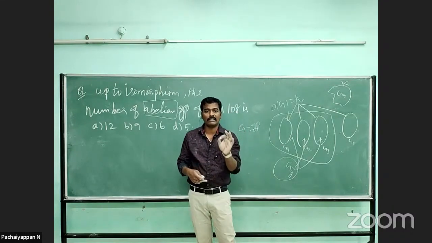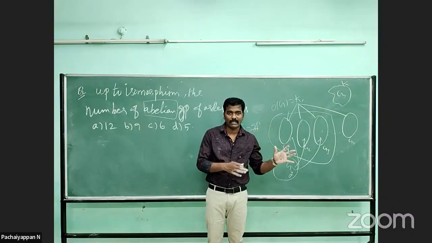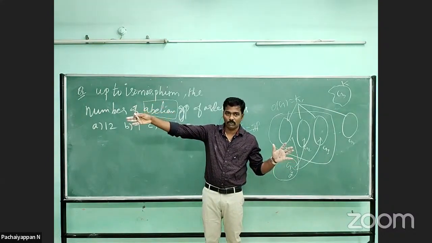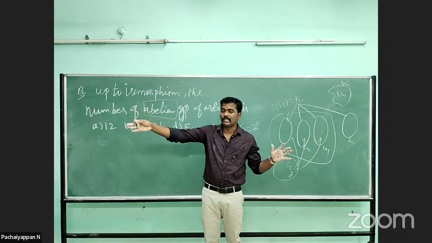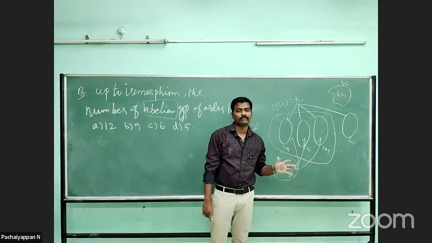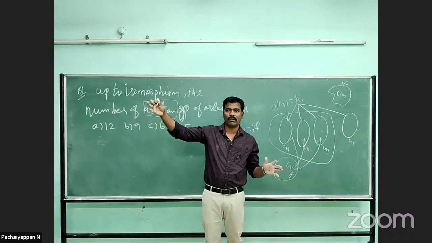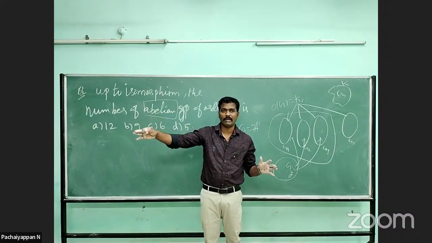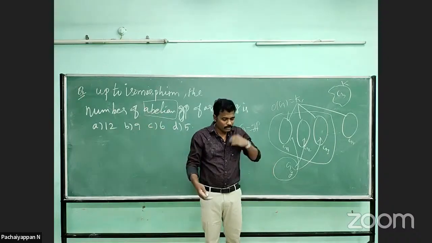Suppose of order 108, 5 groups are there. Someone brings a group of order 108 and says, sir, I have a group of order 108. That group could be isomorphic to this or this or this. Take any abelian group in the world of order 108, that group is isomorphic to one of them.